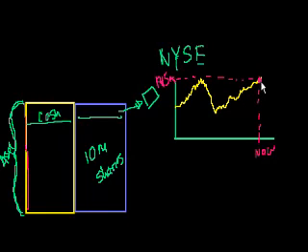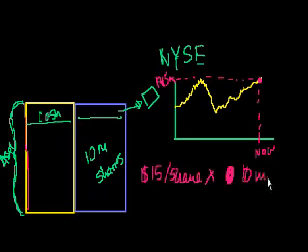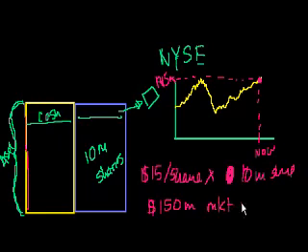So that means that the market at that moment is valuing this company at $15 per share times 10 million shares. So $15 per share times 10 million shares. That's not a dollar sign, 10 million shares. So the market is assigning, 15 times 10 is a $150 million market cap, market capitalization for the company.